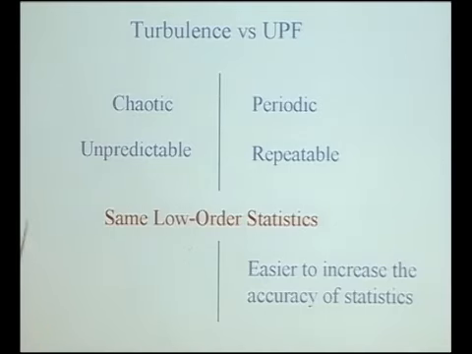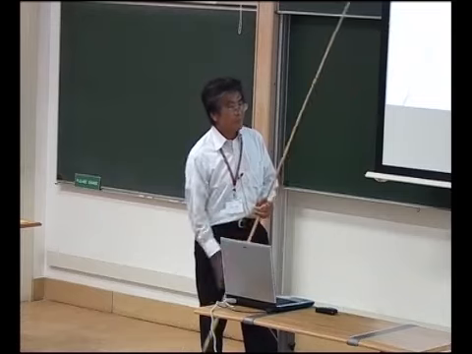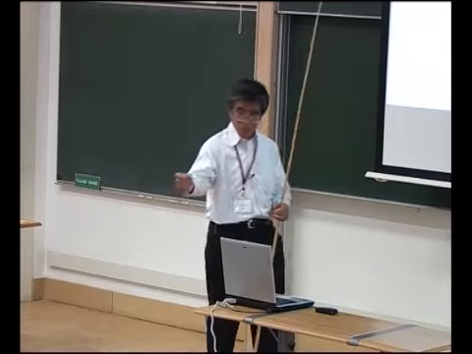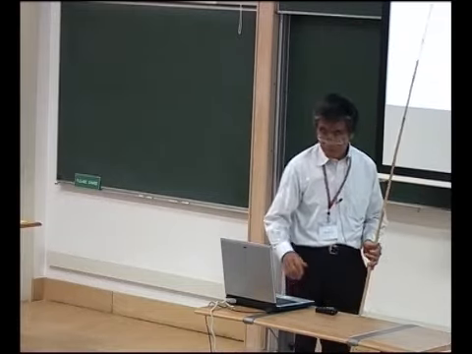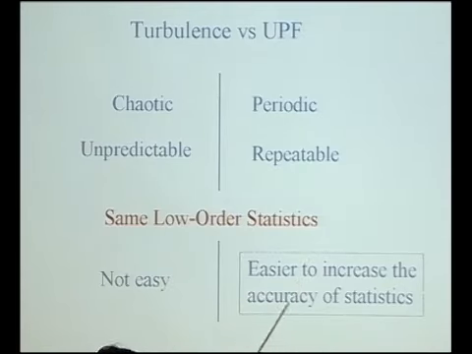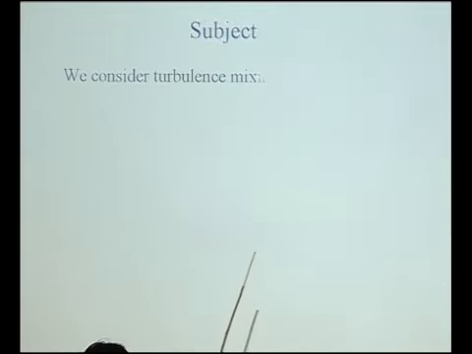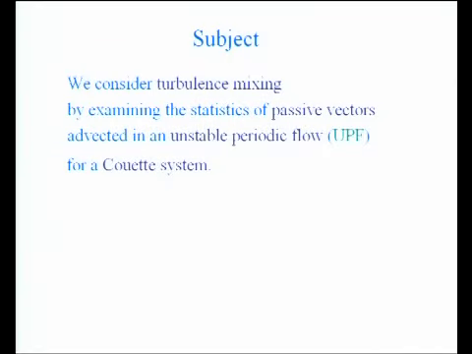Because the unstable periodic flow is periodic, we can take as many samples as we like if we continue the simulation. So we can increase the accuracy of statistics here, but not in turbulence. This is one merit, one advantage of using the unstable periodic flow.